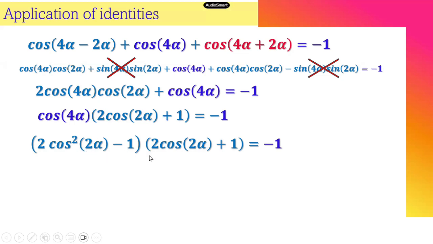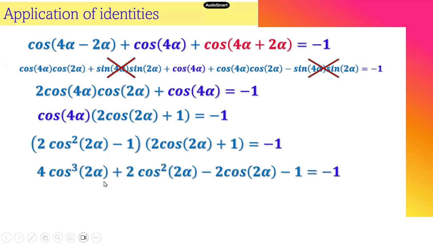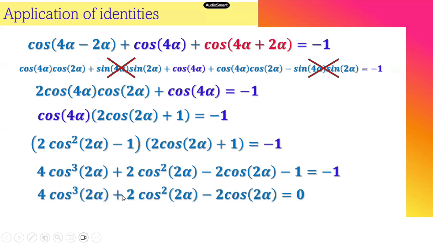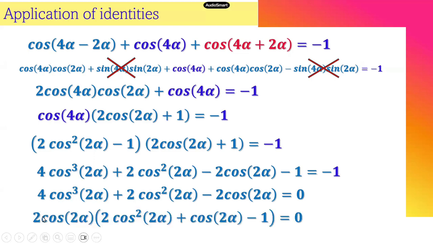Now we extend it and we will get a cubic equation. So we get 4 cosine to the power 3 of 2 alpha plus 2 cosine square 2 alpha minus 2 cosine 2 alpha minus 1. And this minus 1 and minus 1 cancel out, and we can take out cosine 2 alpha from this whole equation, and then we have this formulation: cosine 2 alpha times 2 cosine square 2 alpha plus cosine 2 alpha minus 1.